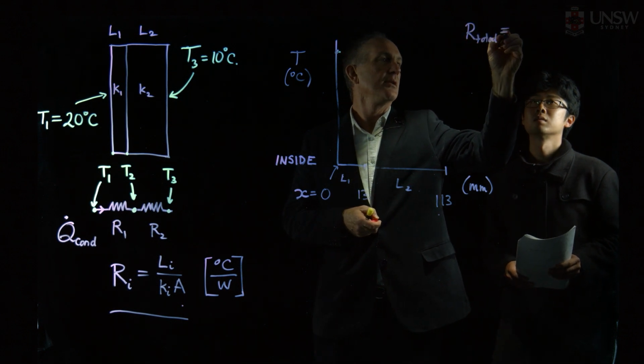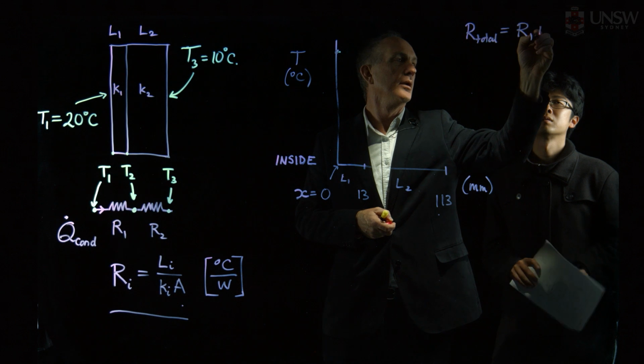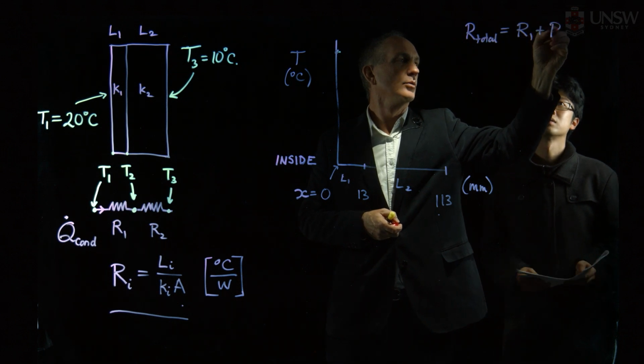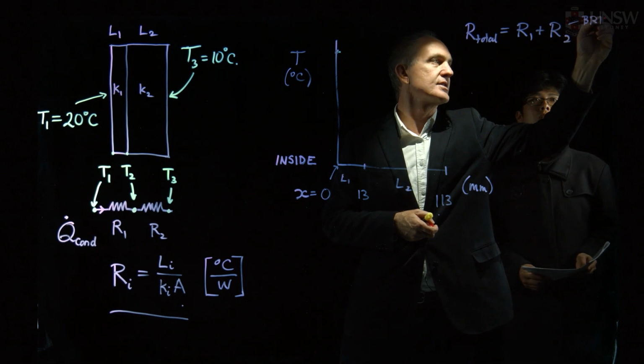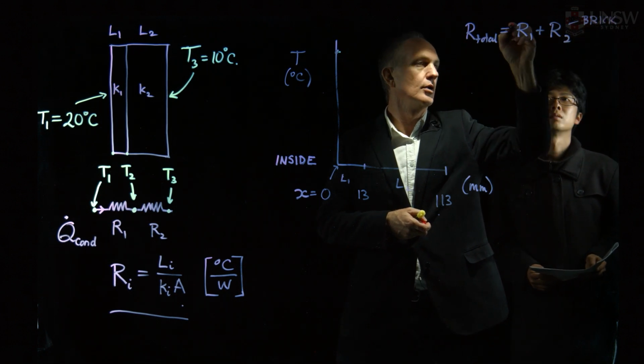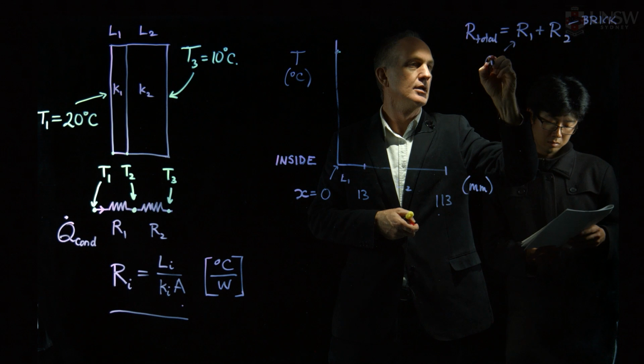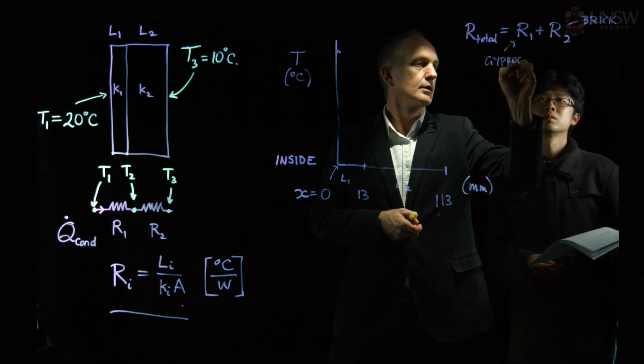So that's just going to be now R1 plus, well, we'll call it R2, but this is now our brick layer. So we'll just use the numbers that we had before, and this is our gyprock layer.